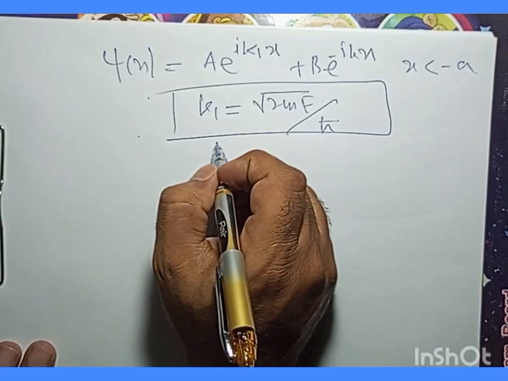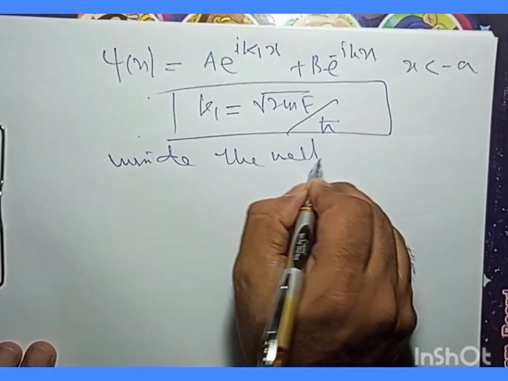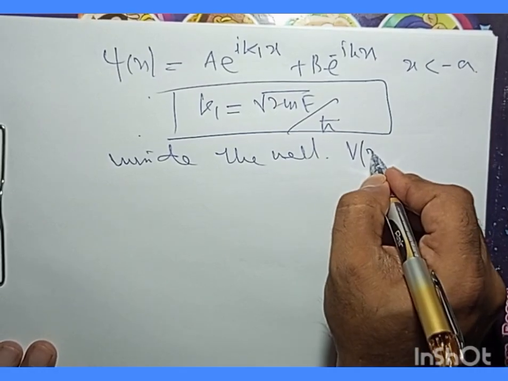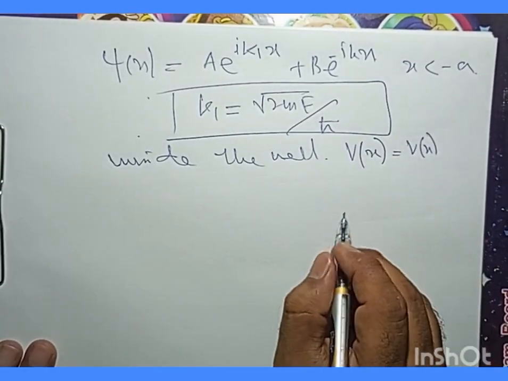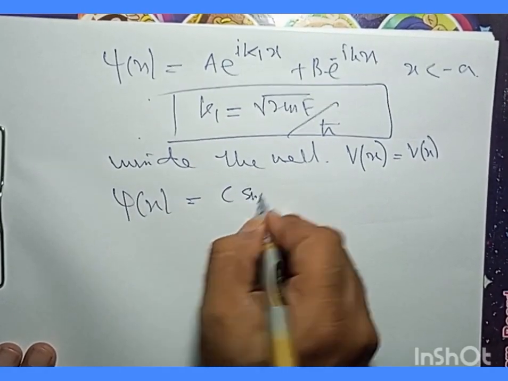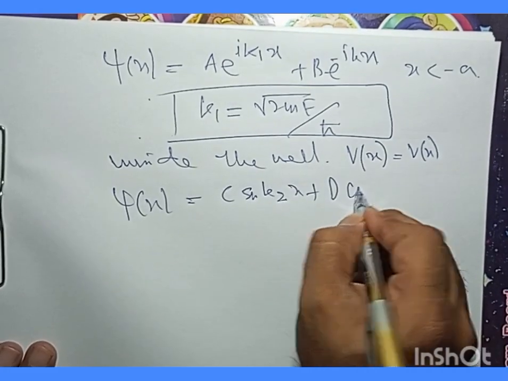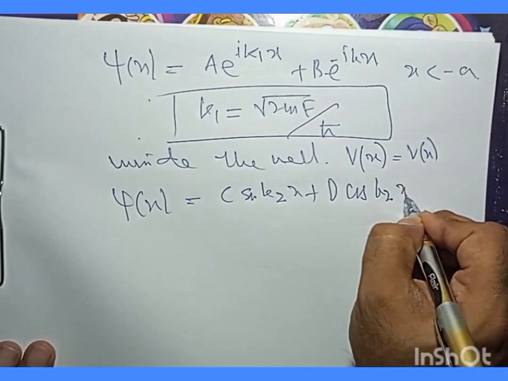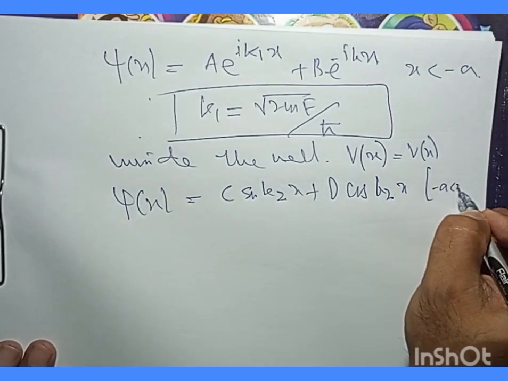So this is k1. Now inside the well, what's the situation? V of x is V of x. So we will have psi of x equal to C sine of k2 x plus D cos of k2 x for the region minus a less than x less than a.